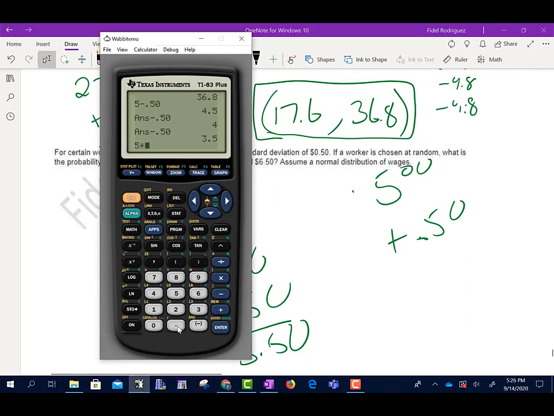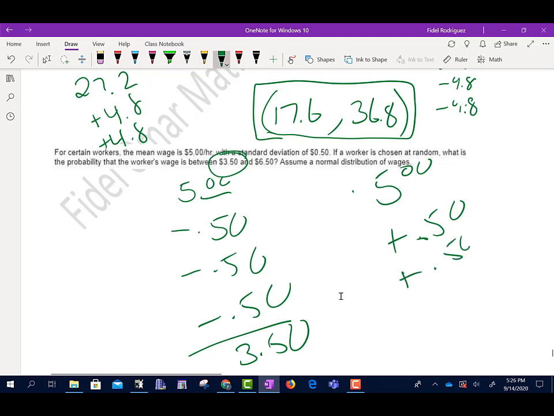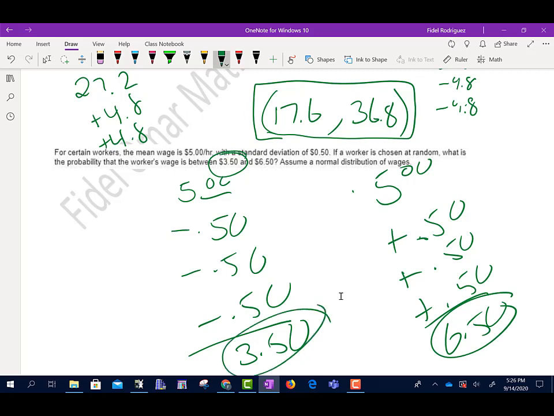So look, 5 plus 0.50, that's once, that's twice, that's 3 times, there's our 6.50. So we did this 3 times.